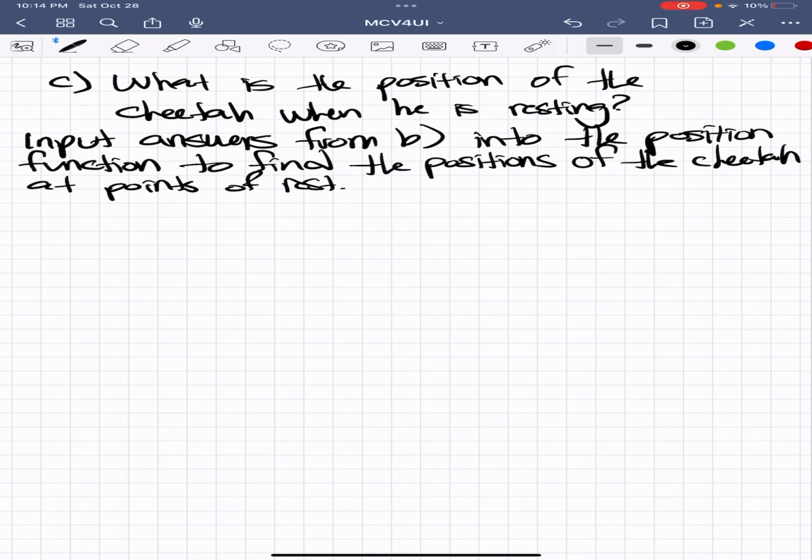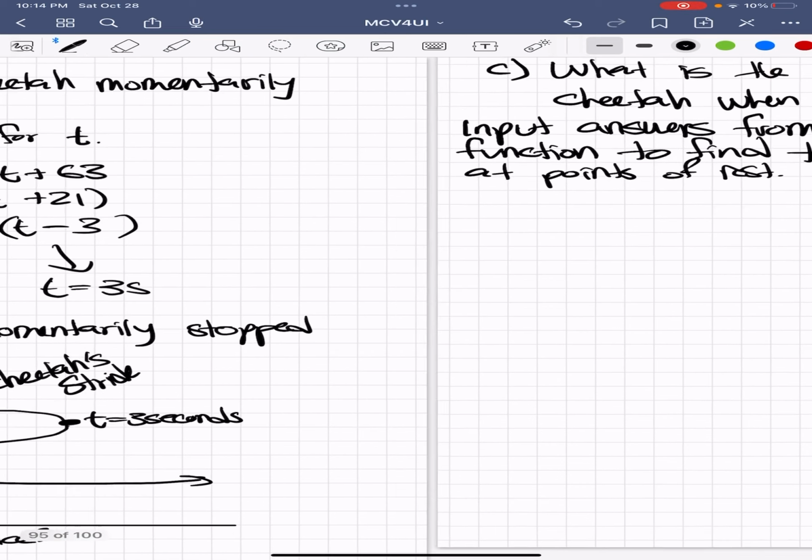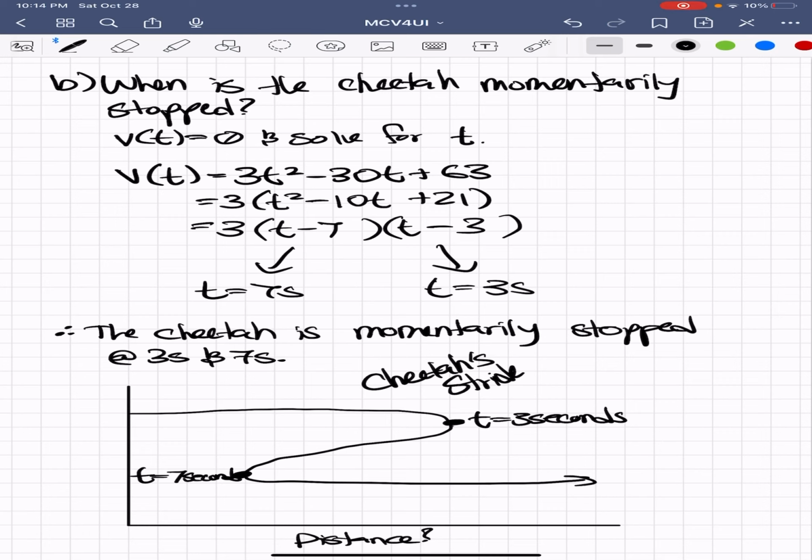So what is the position of the cheetah when he is resting? So we found the times it is momentarily stopped. Now we want where. So we want the location of this point and this point, the little question marks. So where is the cheetah momentarily stopped? That's what we're looking for. We have t equals 3 seconds and t equals 7 seconds.